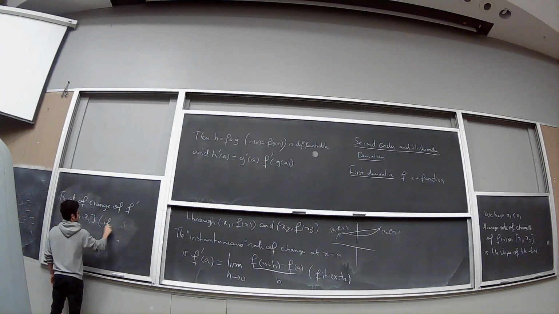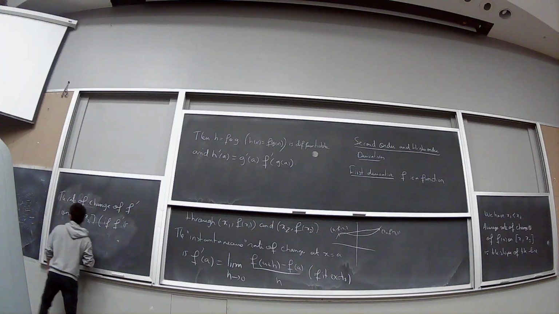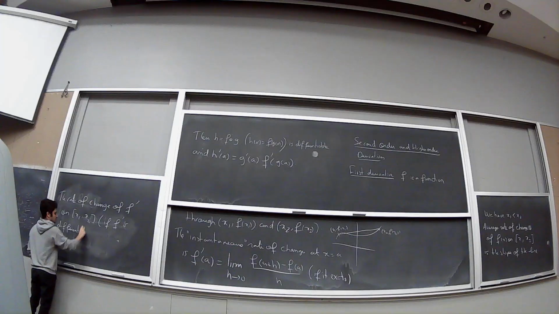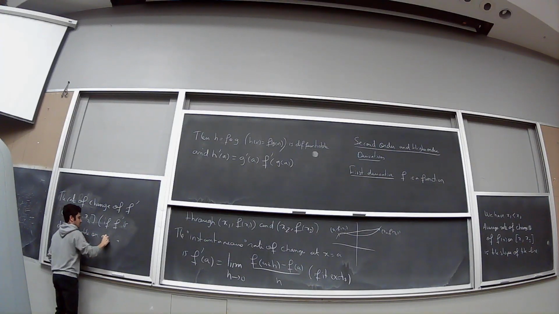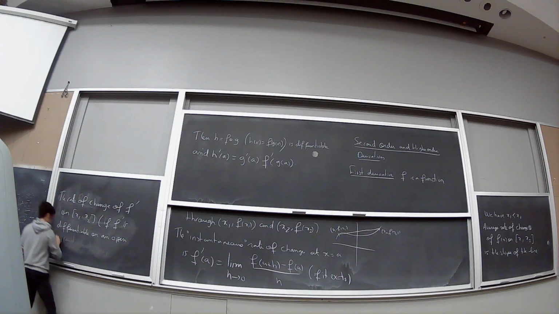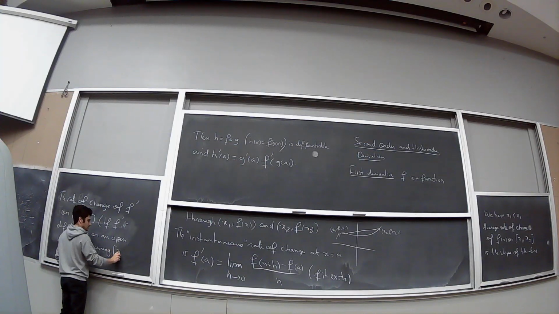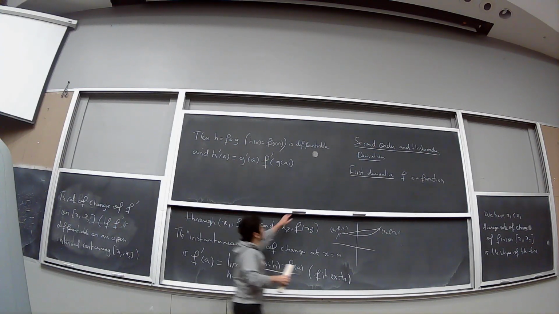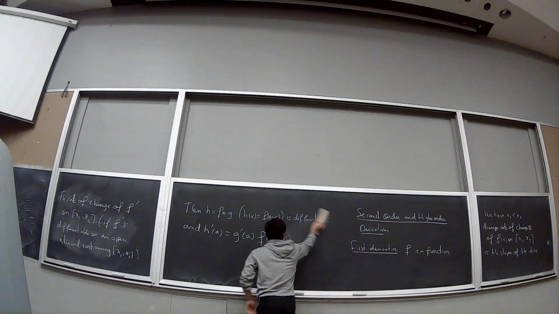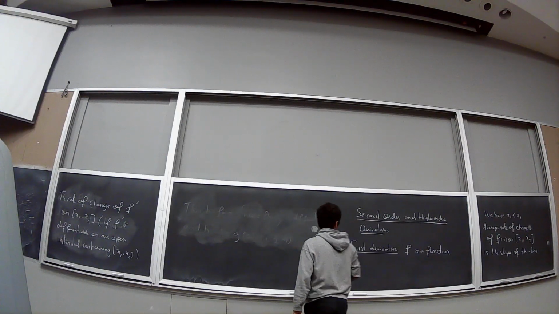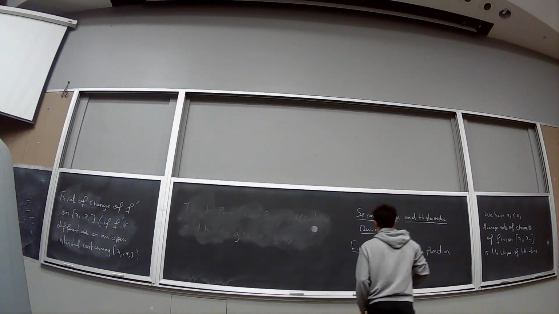Of course, I'm assuming that f prime is differentiable on an open interval containing x1, x2. Don't worry about this. What is that? It's just f prime of x1, f prime of x2.